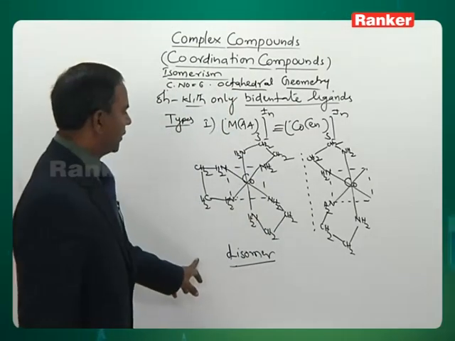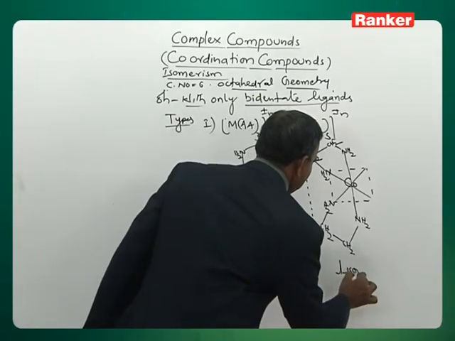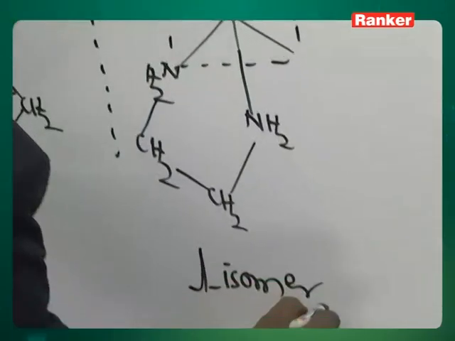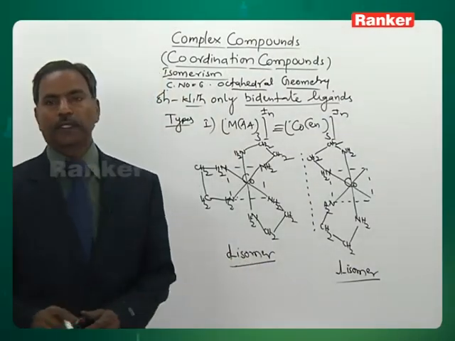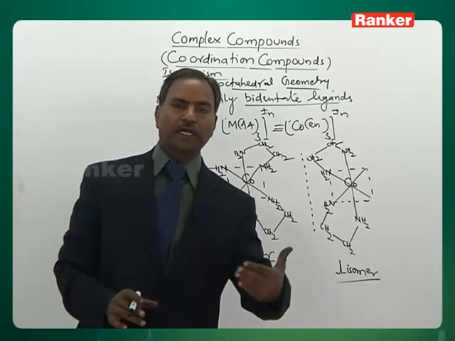So, when you are saying D, the other mirror image you can say L isomer. One is D isomer, the other is L isomer. All the same bidentate ligands.